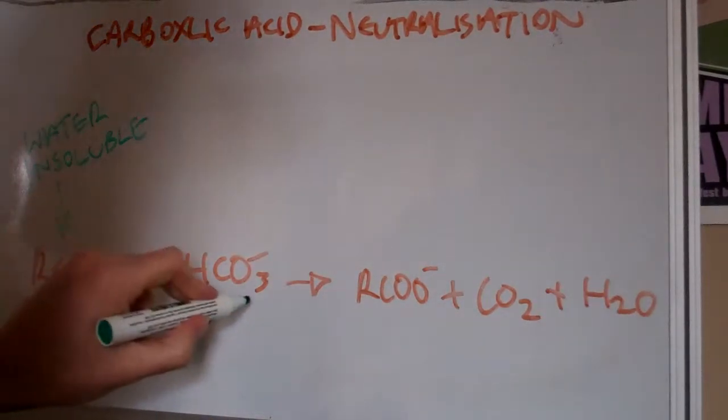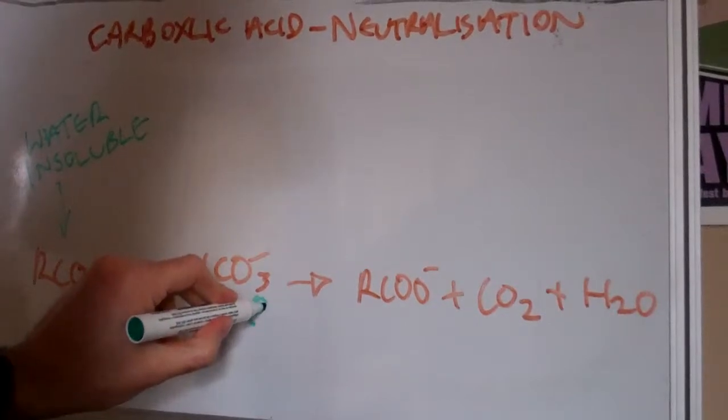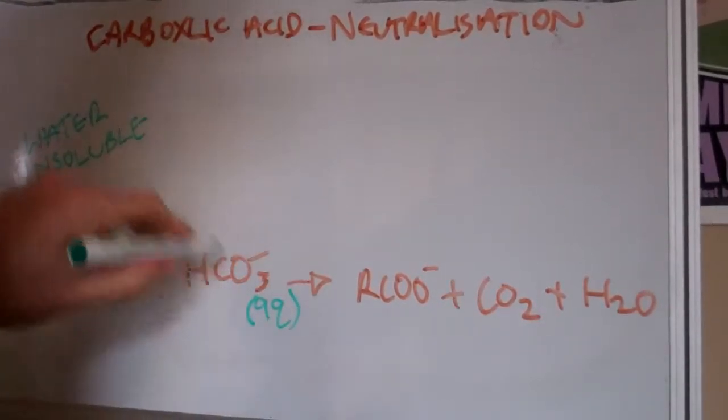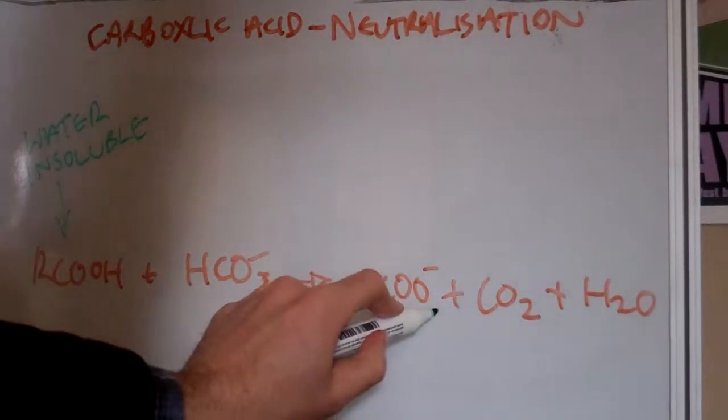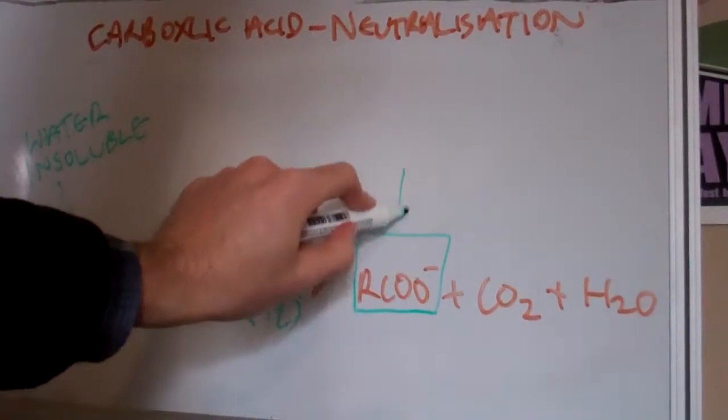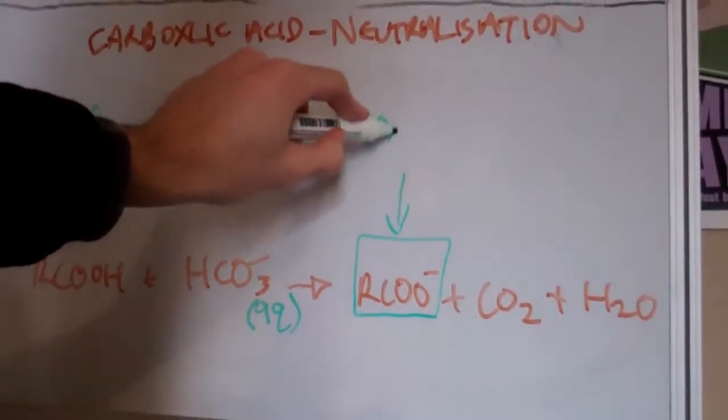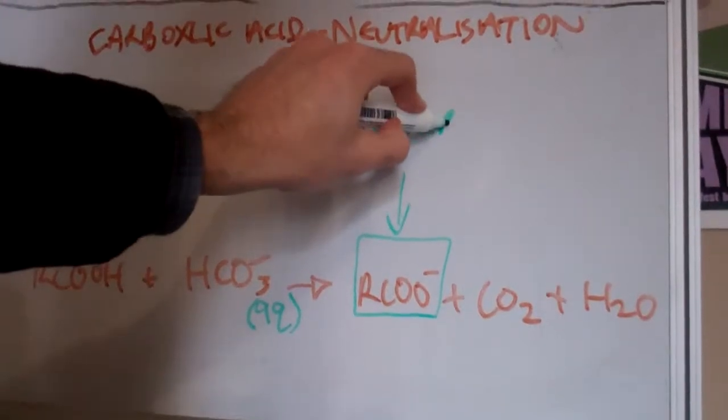However, if you are trying to dissolve it in water that has some hydrogen carbonate ions in it, or carbonate ions, or hydroxide ions, for example, this reaction will occur.